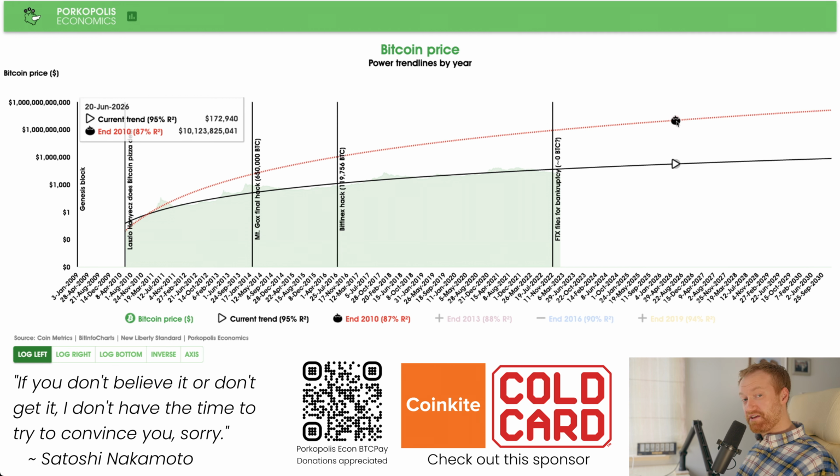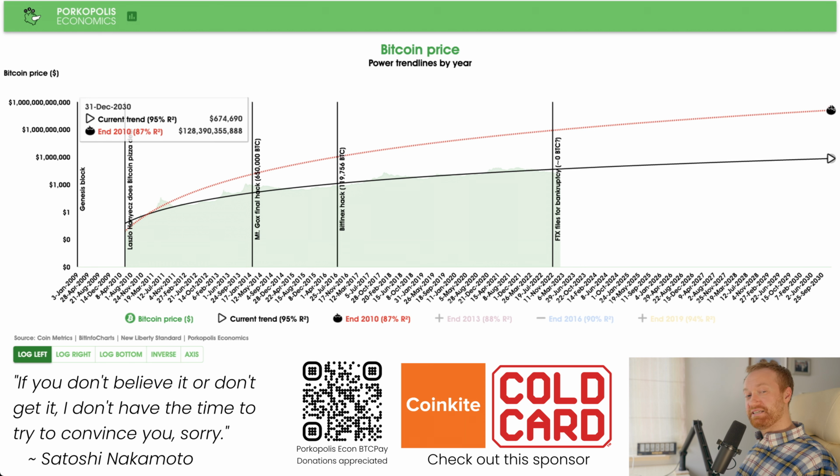Whereas the current trend, the 95% R squared all-time trend, is $172,000 per Bitcoin only. We have $10 billion with a B predicted by June 2026 for the 2010 trend line. Let's keep going all the way to 2030, December 31st. Let's keep going. And there we go.